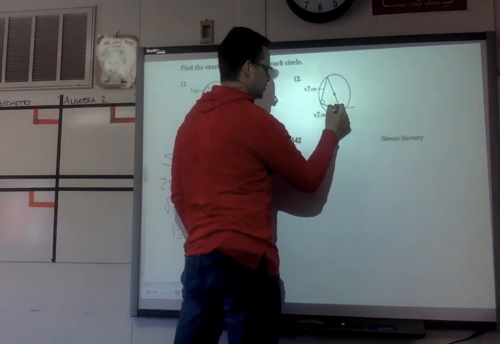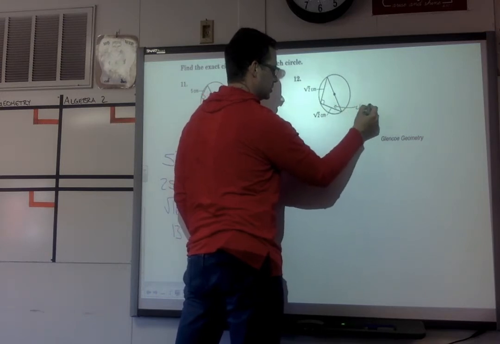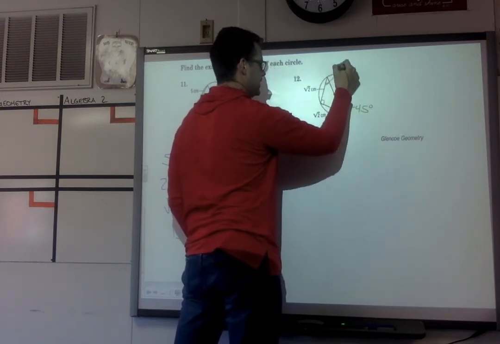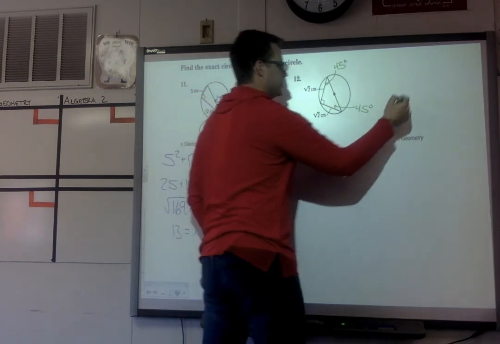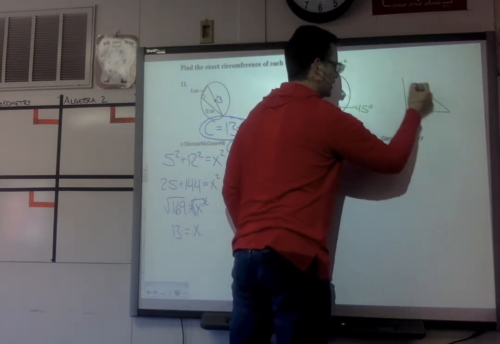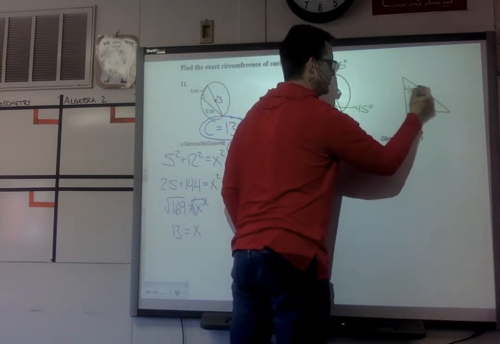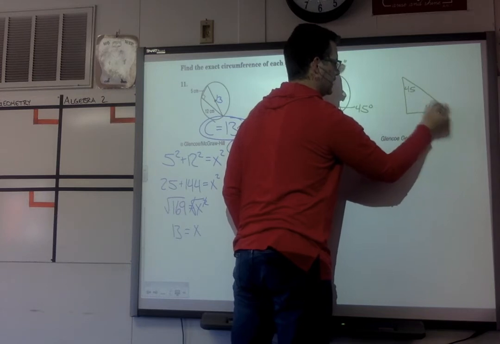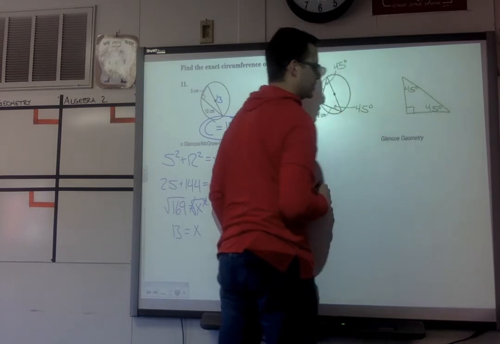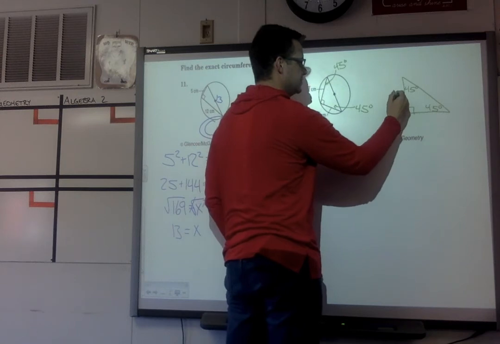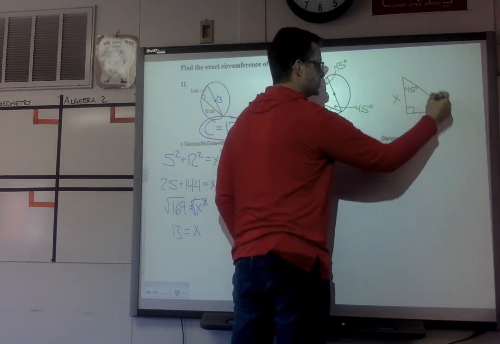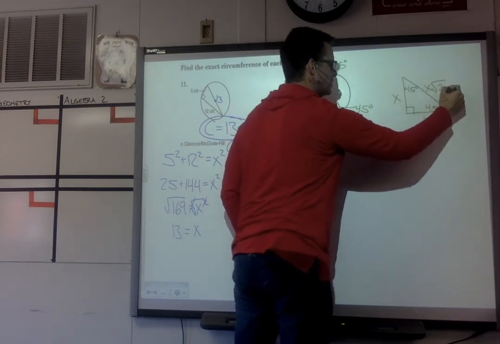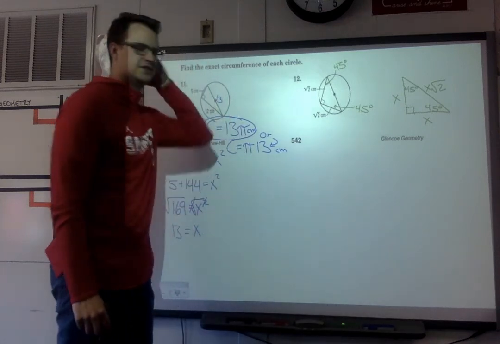So if these are both 45-degree angles, if you think back to when we talked about 45, 45, 90 triangles, your legs are both x, your hypotenuse is x times the square root of 2.